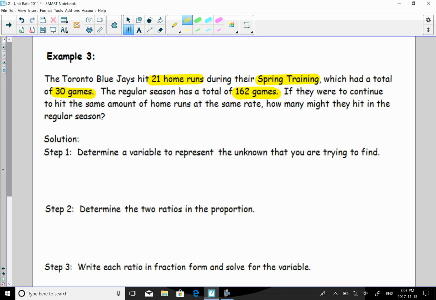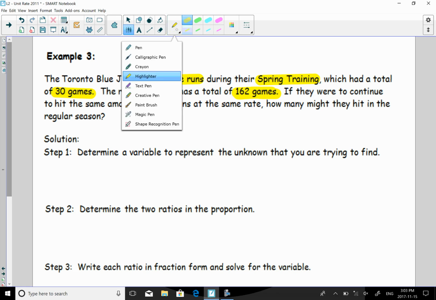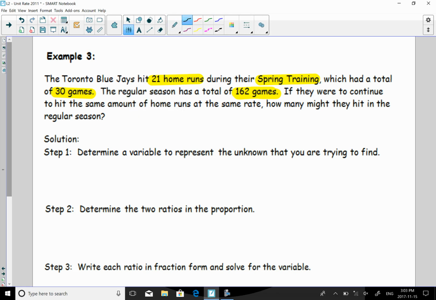So the first thing you always want to do with these is figure out what you're looking for. Okay. So the question is, how many might they hit in the regular season? So we're talking about home runs.